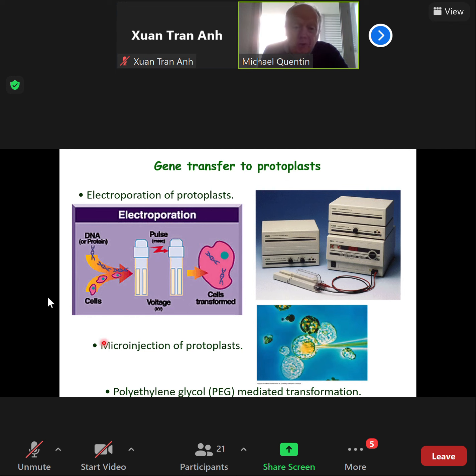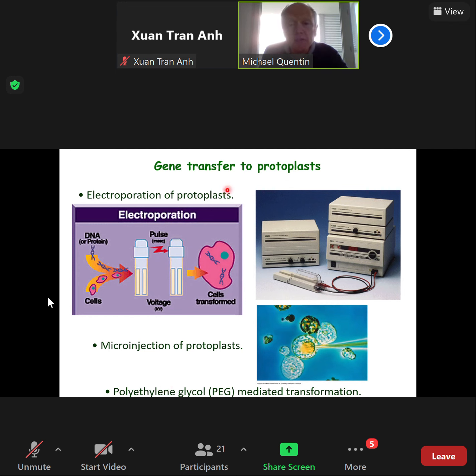You may also micro-inject DNA into protoplasts, that's what you can see in this picture. And finally, you can use detergent, which will destabilize the plasma membrane to make DNA enter into plant cells.